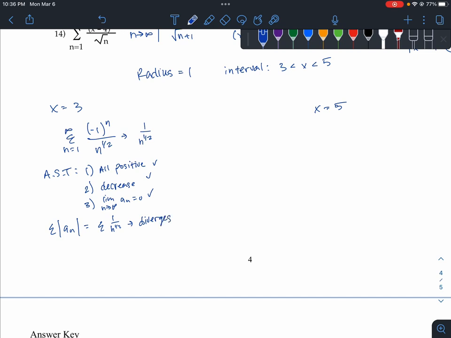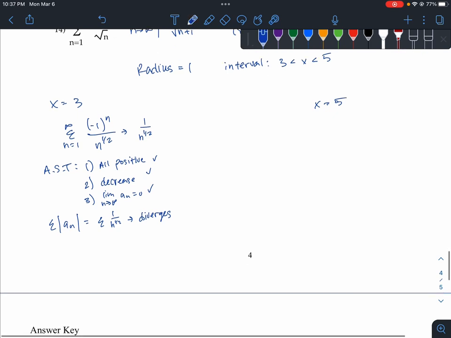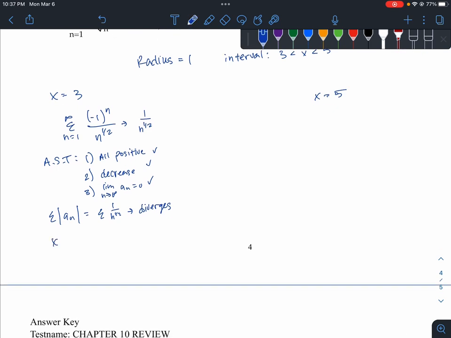So we can only say that it converges at x equals 3 conditionally, and that is only upon the condition that this is not the absolute value will it converge at x equals 3. So at x equals 3, it's conditional convergence.